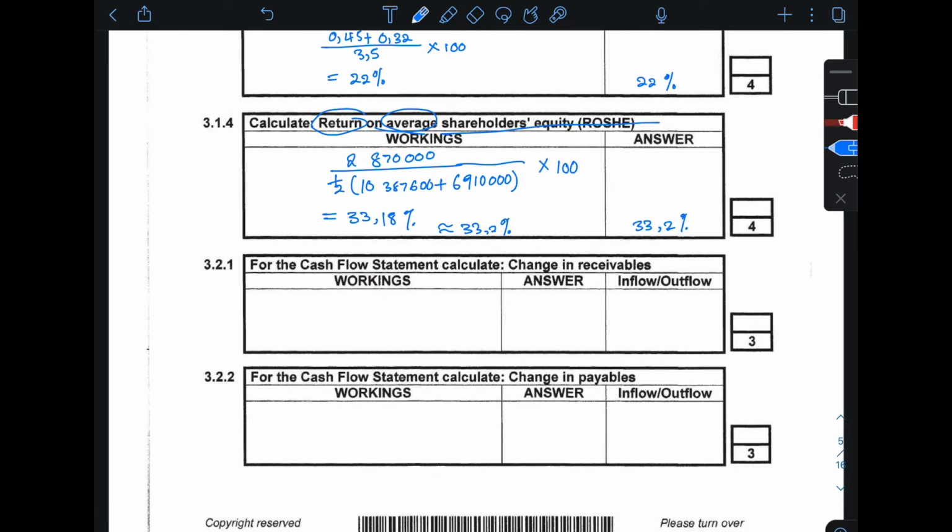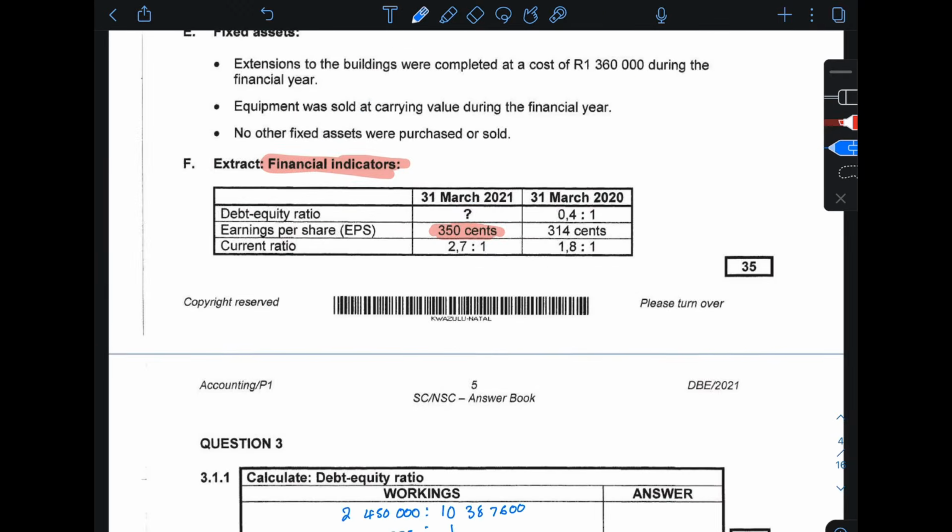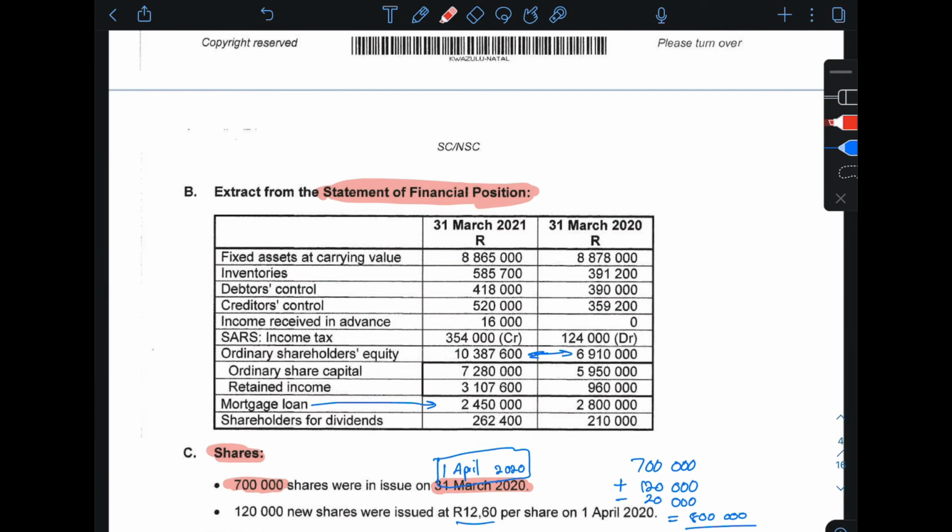Then 3.2.1, for the cash flow statement, calculate the change in receivables. In receivables we move to information B, your debtors control. How much are your debtors for this current year? It's 418,000. For last year we had a closing balance of 390,000.